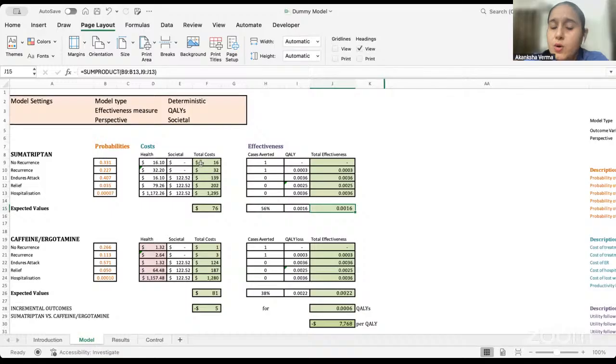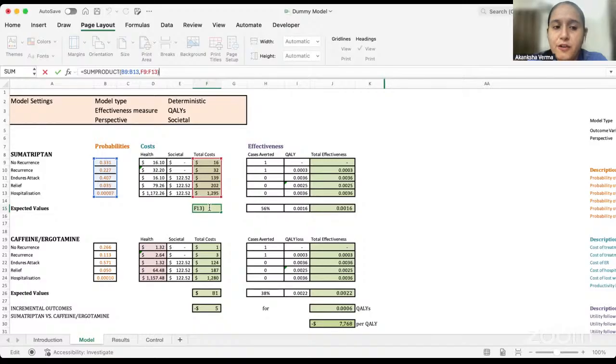Okay, so again I was doing the sum. In the slide deck I showed you, I was multiplying the probabilities with the cost at each terminal branch, and then adding those. The same I'm doing here. The formula I used is SUMPRODUCT, but what does it do? It multiplies the respective cells in both the arrays, and then it sums.